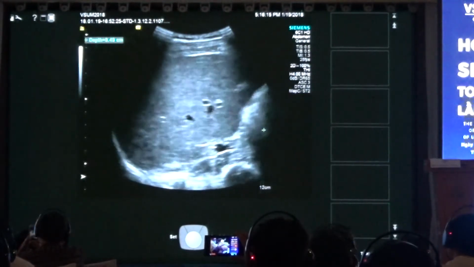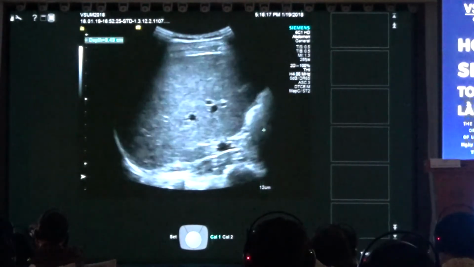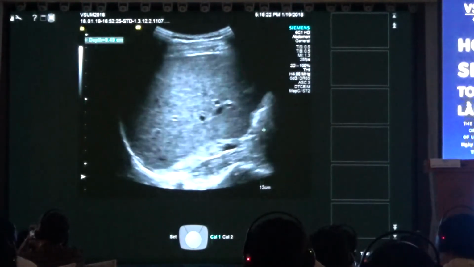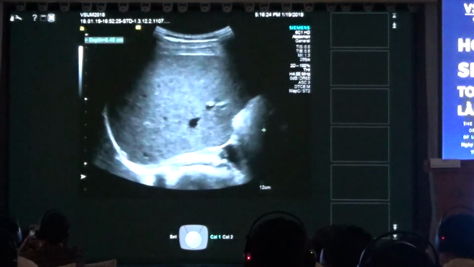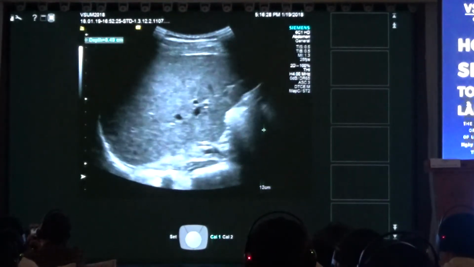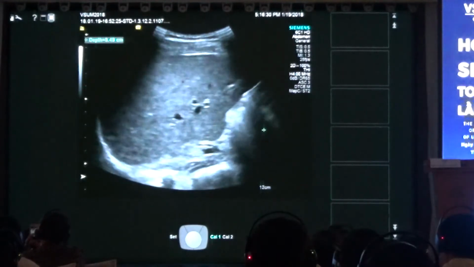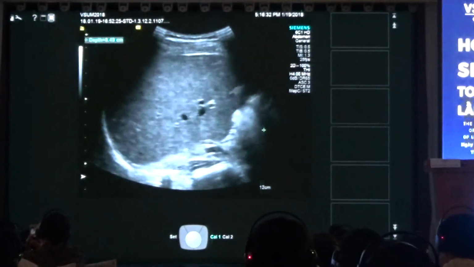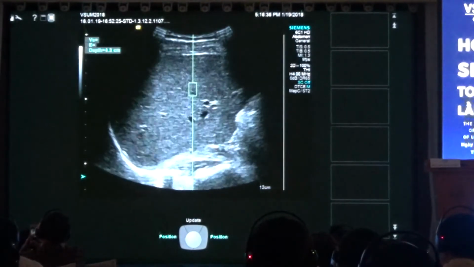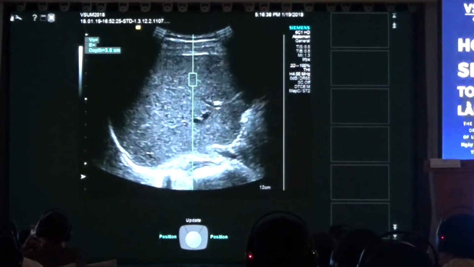I don't do anything more. Most he is doing by breathing, taking a breath, take it out, or whatever. So that's the best position, and it's much better than supine, and it's much better to work with the arms like that. You have a broader field of view. And then you push the button and you go for elastography.